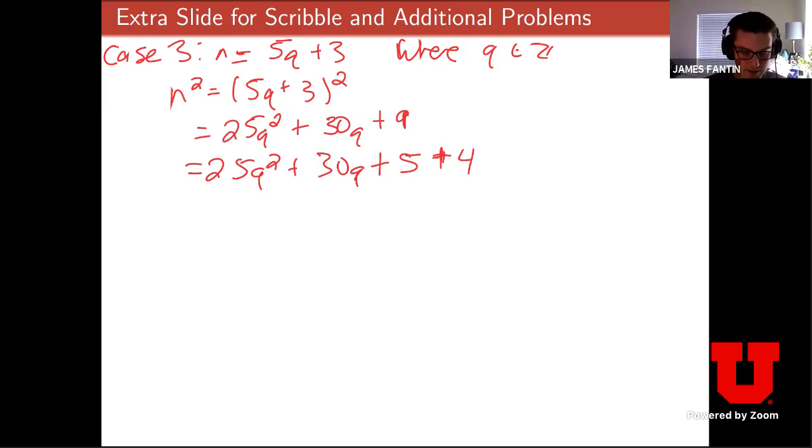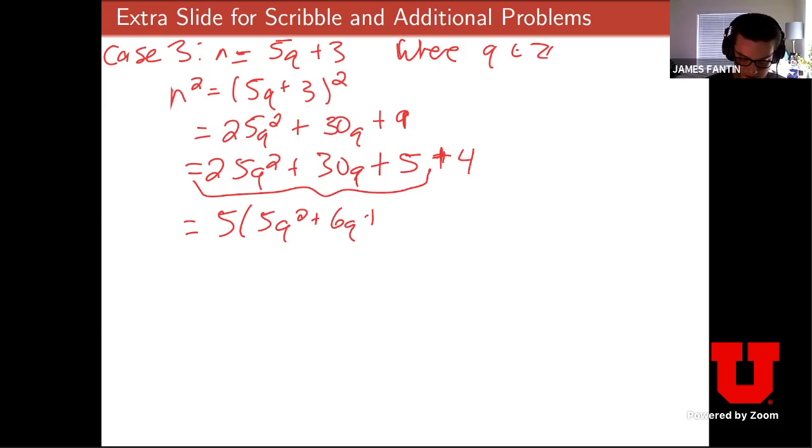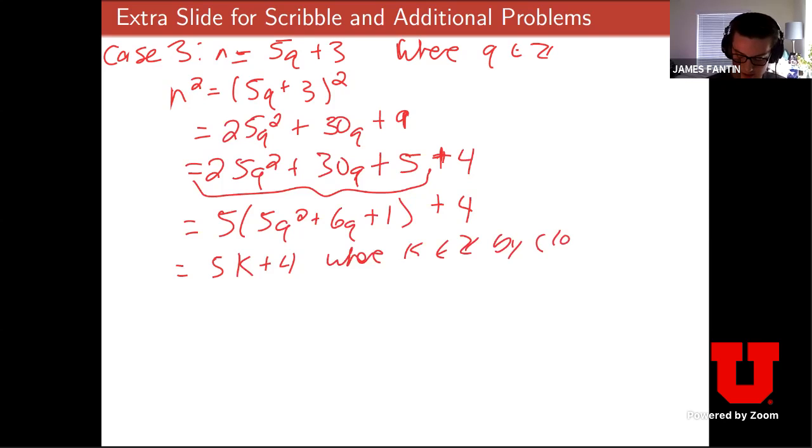And now we can factor a 5 out of this grouping. And that's 5 times 5q squared plus 6q plus 1, plus 4, which is 5k plus 4, where k is an integer by closure of addition and multiplication.